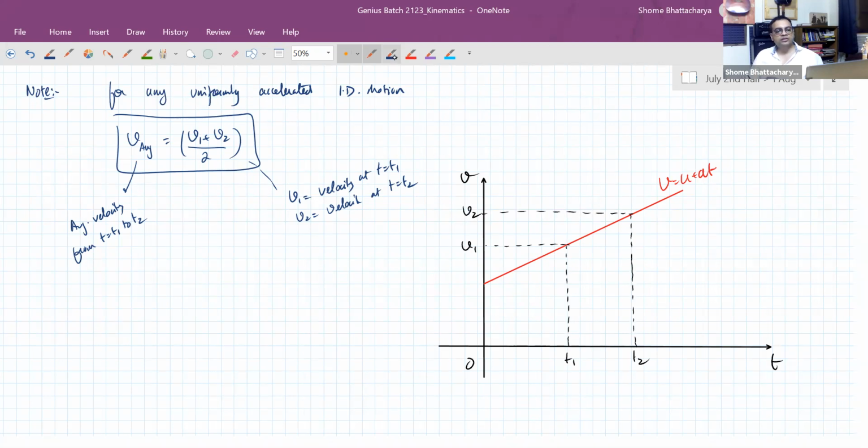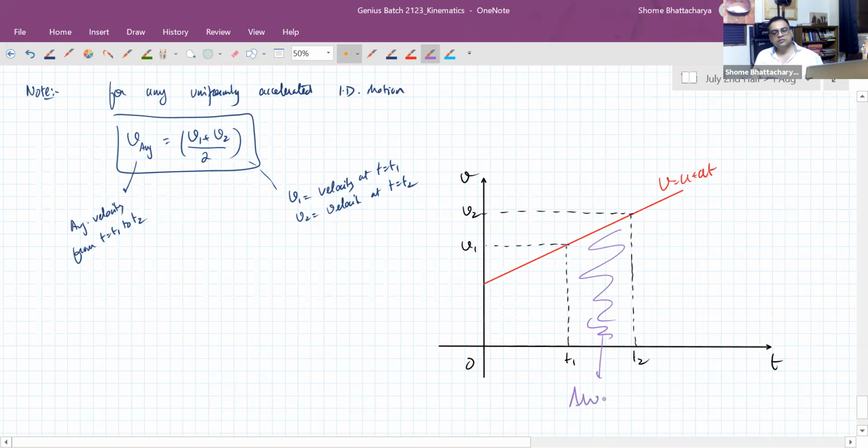Then what is the total displacement from t1 to t2? It is this area. So this area represents the displacement from time t1 to t2. That area is half the sum of parallel sides, so it is half of v1 plus v2 into the distance between them, that is t2 minus t1.